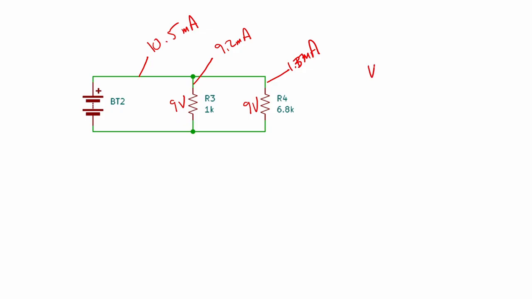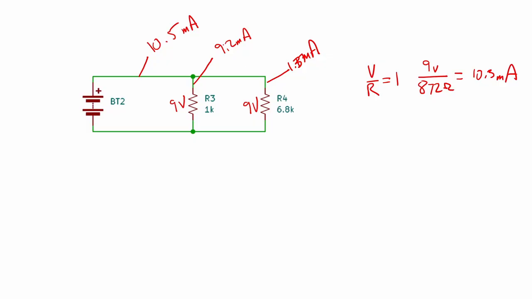And so if we work out the voltage over the resistance, that's going to be 9 volts, and we worked it out at 872 ohms for the parallel network. That gives us 10.3 milliamps. So pretty close. Again, the actual resistance is going to be off a little bit because here we're using theoretical resistor values that are perfectly on point, whereas real resistors aren't exactly on their resistance values.